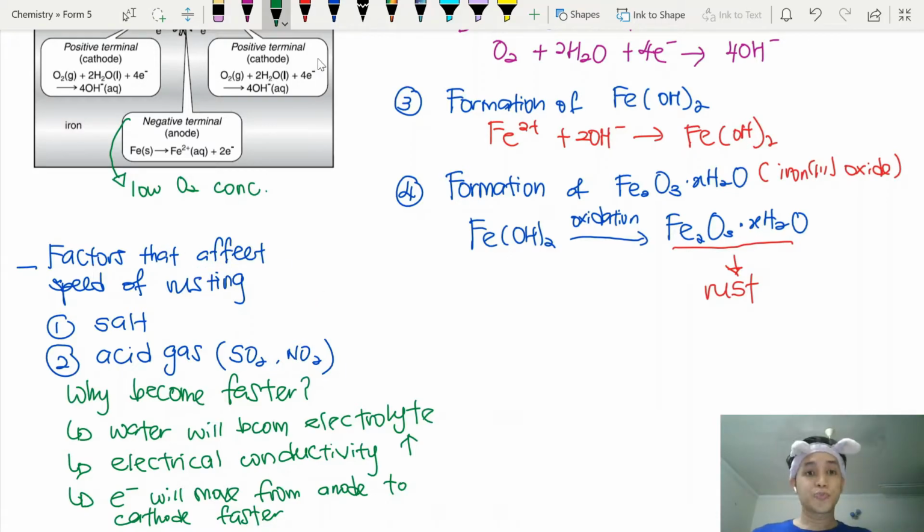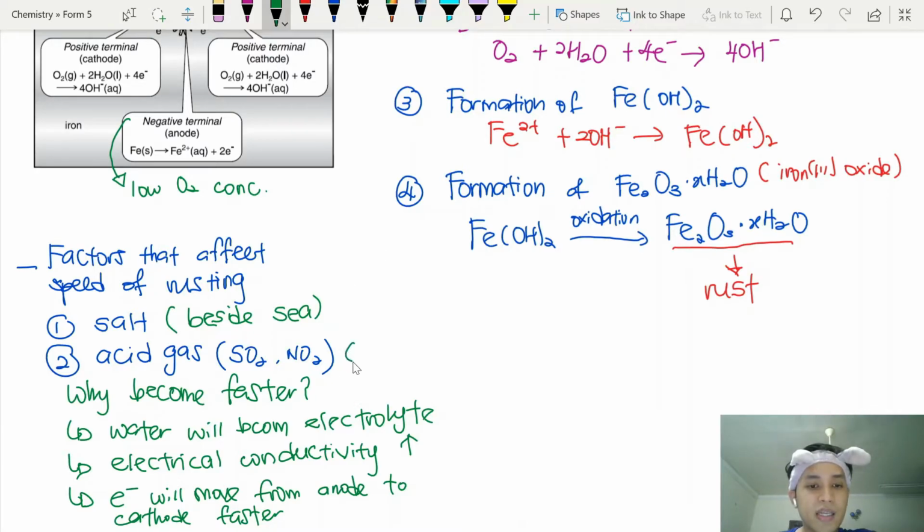So you need to know these two important things, the factors that will cause the speed of rusting to increase. One is if you have salt or acidic gases. If you notice, for example, if you are beside the sea, any construction or any metal that you put beside the sea will rust very fast.